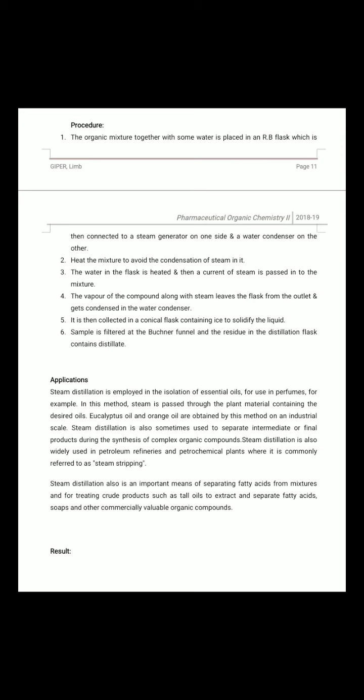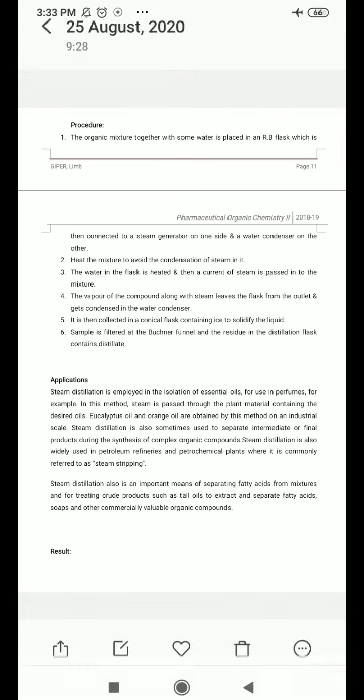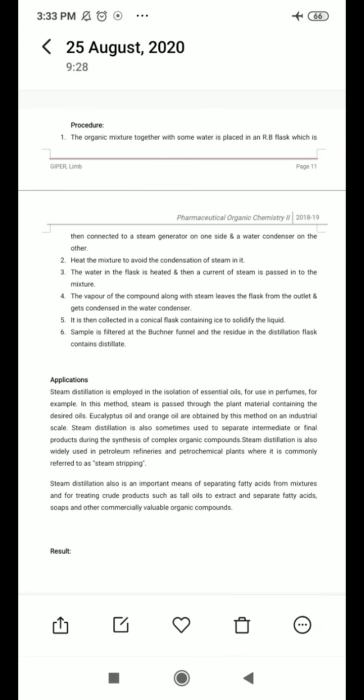Steam distillation is also sometimes used to separate intermediate or final products during the synthesis of complex organic compounds. In our pharmaceutical organic chemistry part 2, there are different experiments where we synthesize different organic compounds. During this reaction or after completion of the synthesis, the product can be separated using the steam distillation technique.